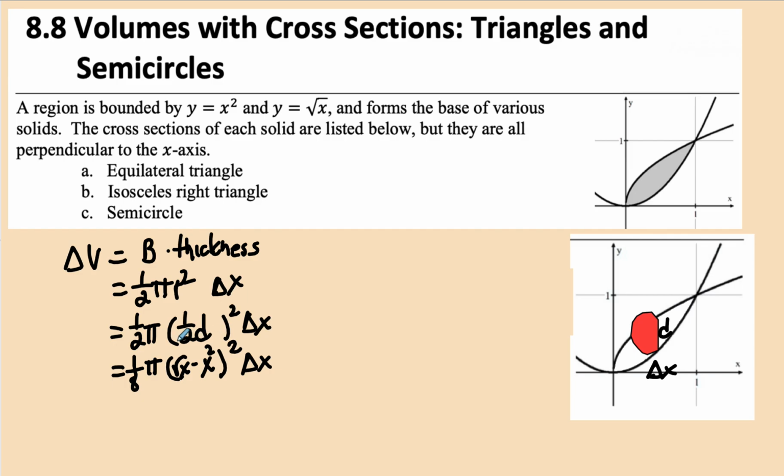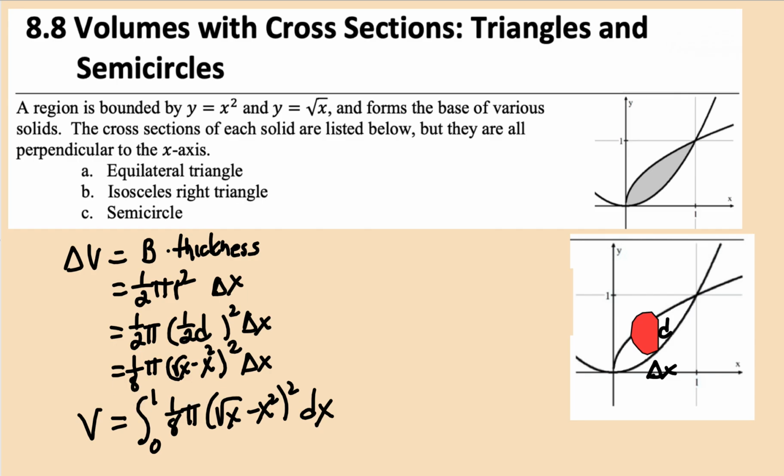So I need a half of that diameter to be the radius. And then I can set up my volume. It'll be the integral from 0 to 1, and I'll have 1/8 pi, and then this will be root x minus x squared, quantity squared, delta x, and that'll represent the volume created by that.